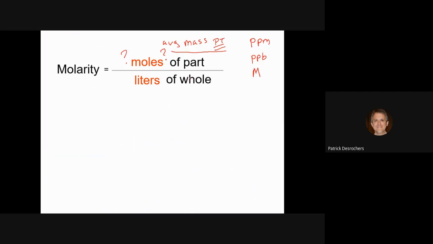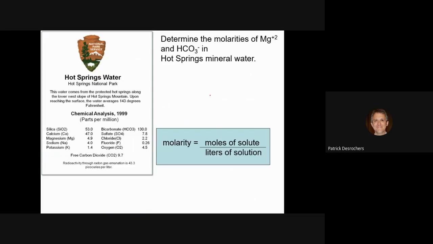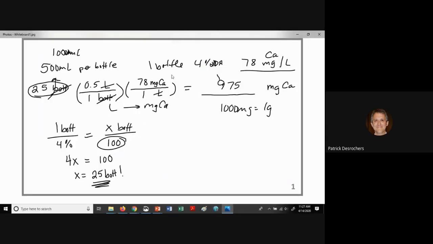All right, let's see what I want to do then. Let's go back and do this one in Hot Springs mineral water. Let's just do them one at a time. Let's just do magnesium. What do we got? We got 4.9. All right, so let me get some room here.